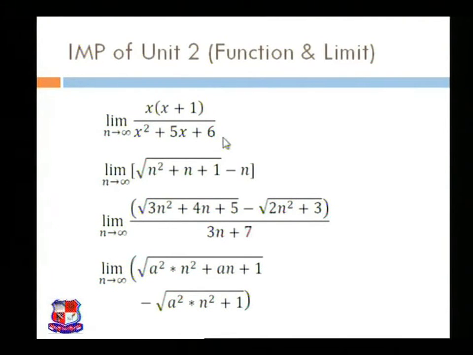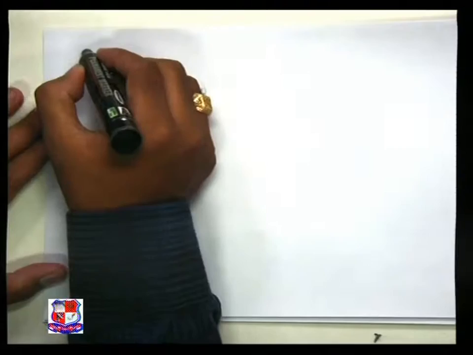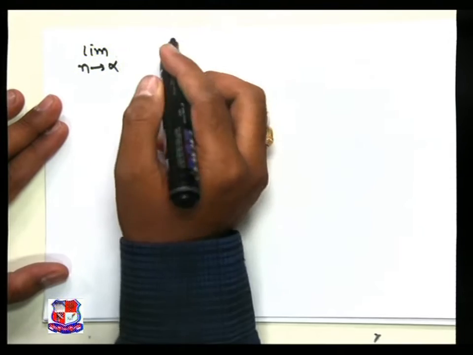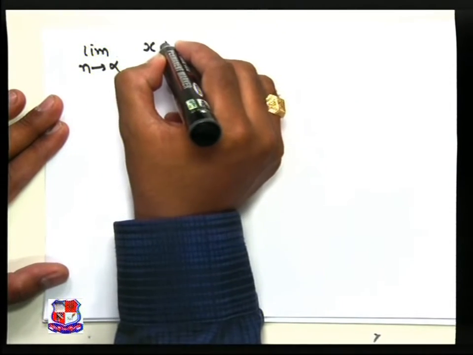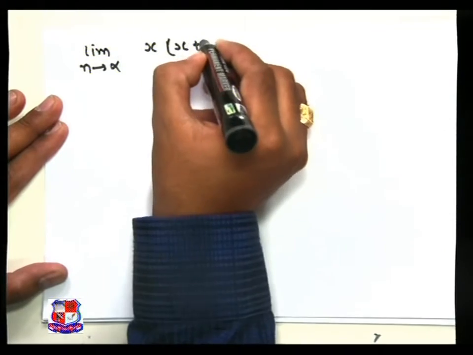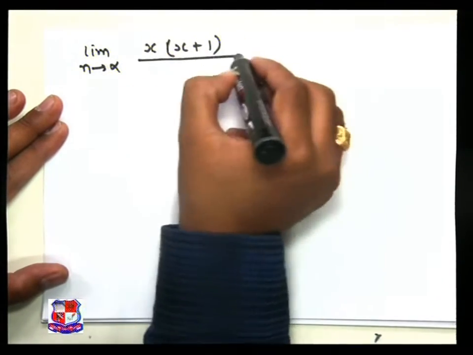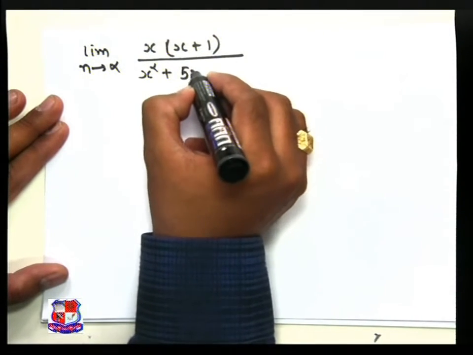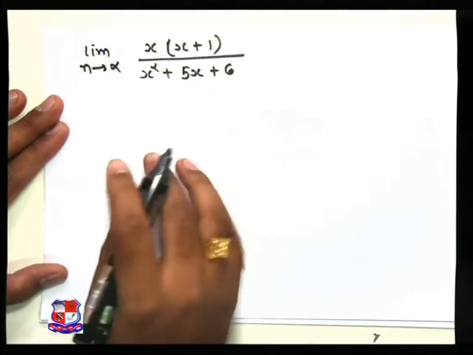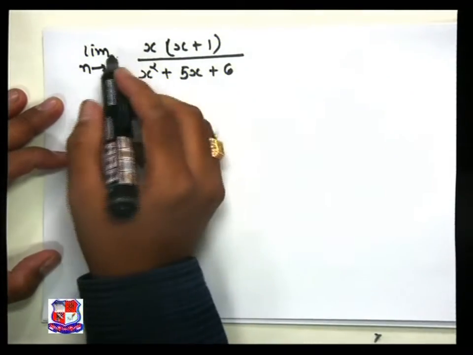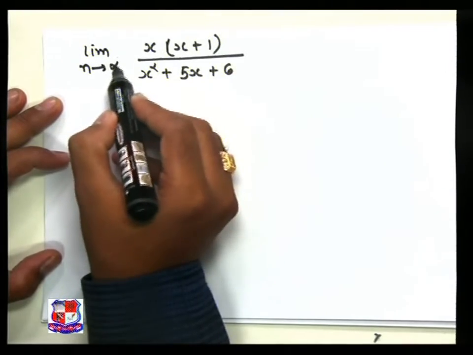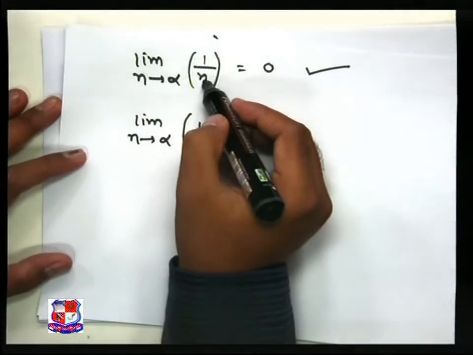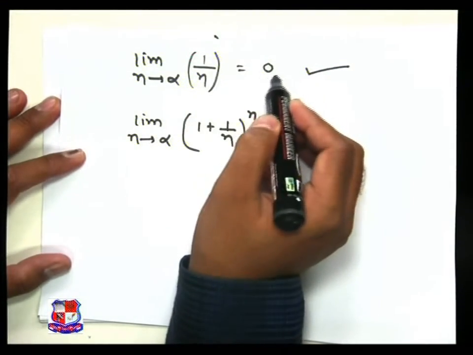So we write it first: limit n tends to infinity, x into x plus 1 divided by x square plus 5x plus 6. Now our aim, whenever the limit goes to infinity, is that our sum must be converted into 1 upon n form, so we can easily replace it by 0.